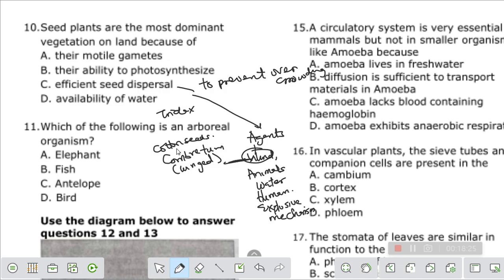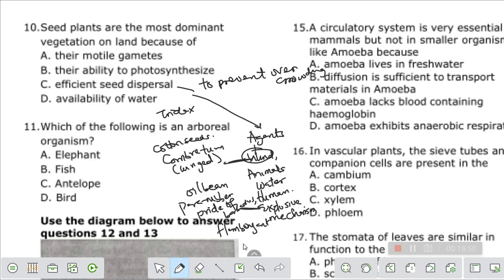Something like flamboyant, something like balsam and crotalaria. So those are the plants. They can just ask you which are the examples that can be dispersed using explosive mechanism.